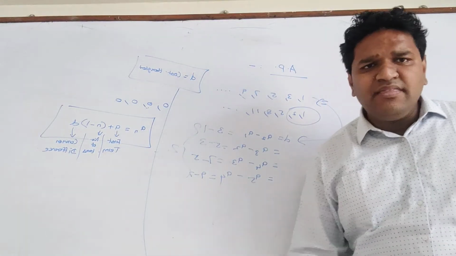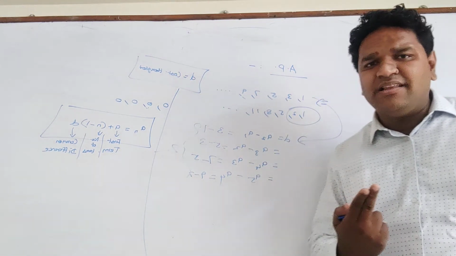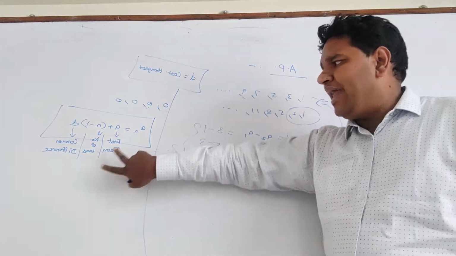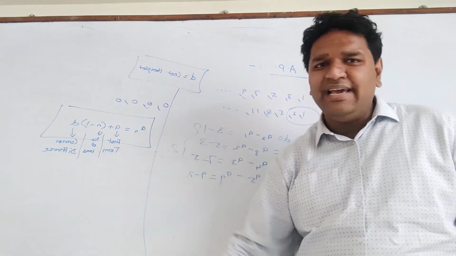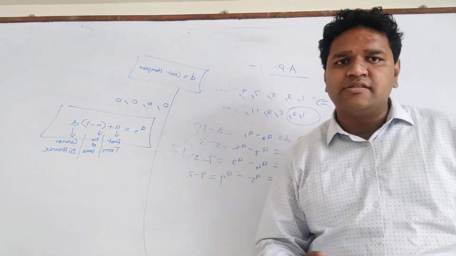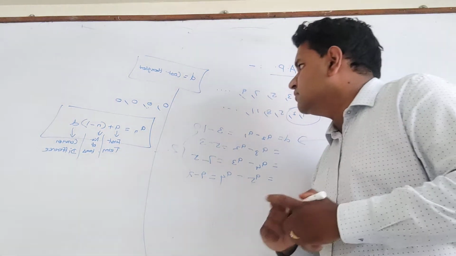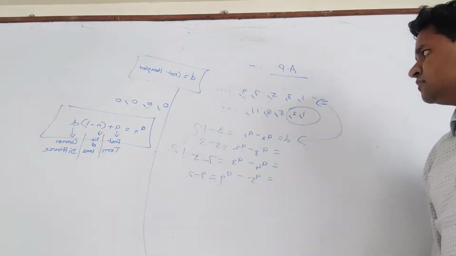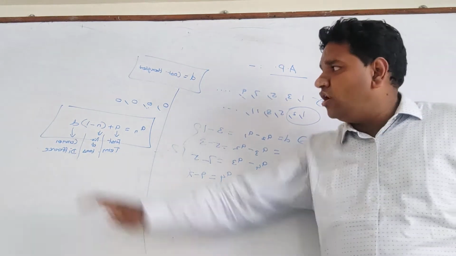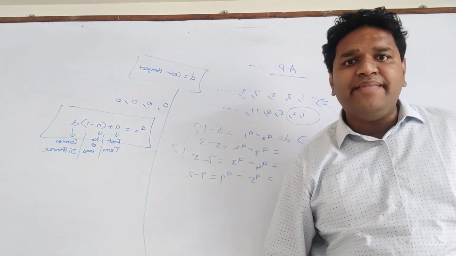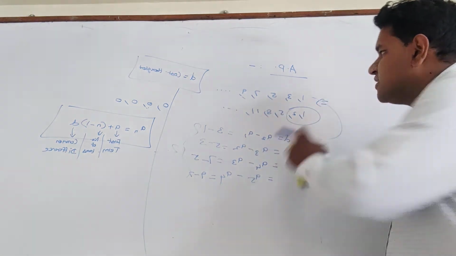So, a to the base n is equal to a plus n minus 1 d, where a is the first term, n is the number of terms, d is the common difference. Let's take a small example on this expression.